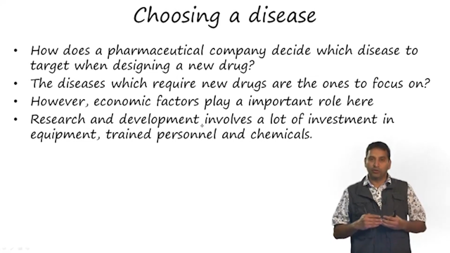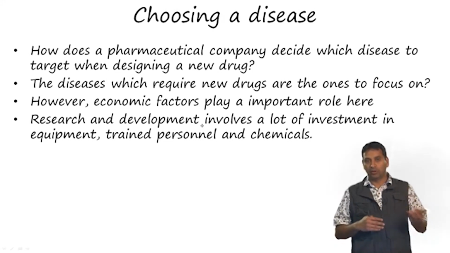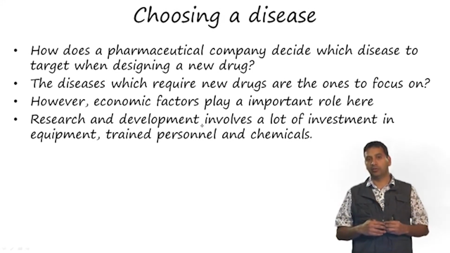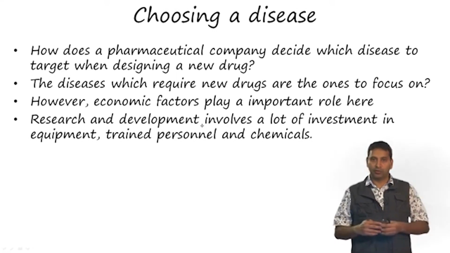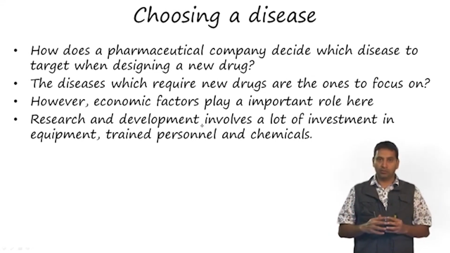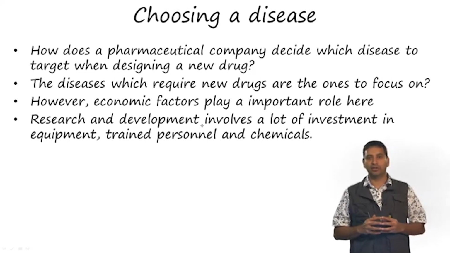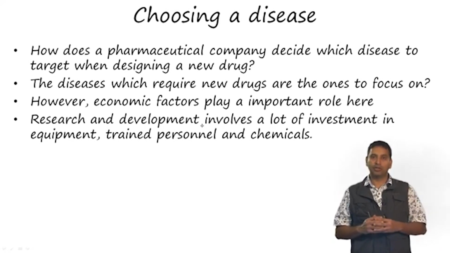We also need, of course, high quality equipment, and we need to be able to train people or get trained personnel to carry out our research and development, and of course, we need a lot of chemicals and biochemicals to be able to do this. So, all of this costs a lot of money. Economic factors do play a very important role. So, a pharmaceutical company needs to take into account a number of these aspects before choosing a disease.